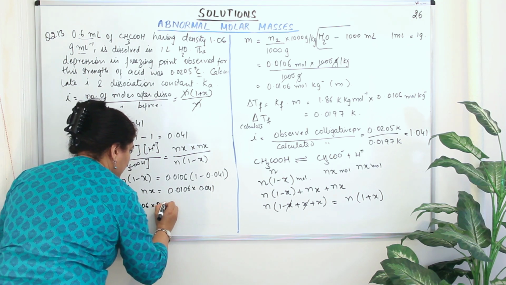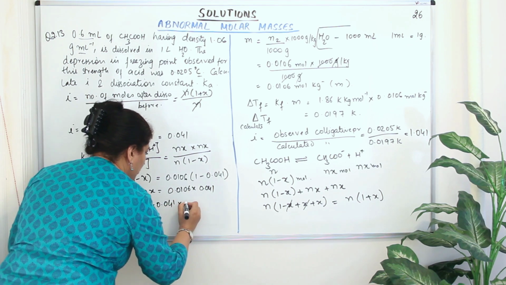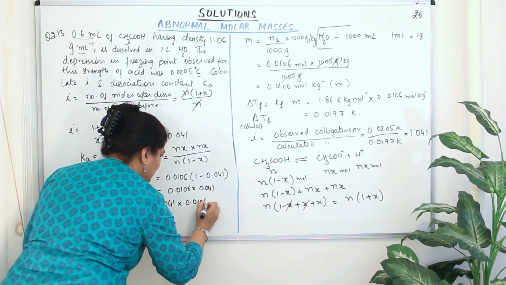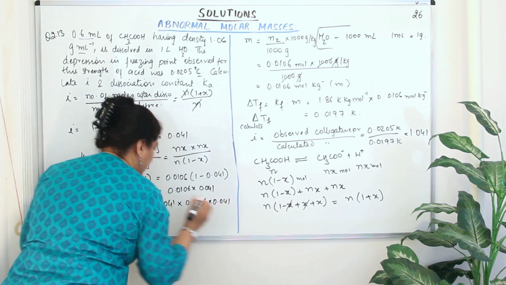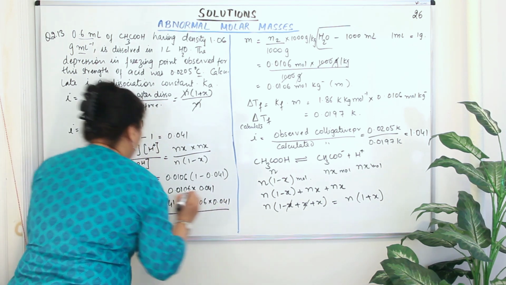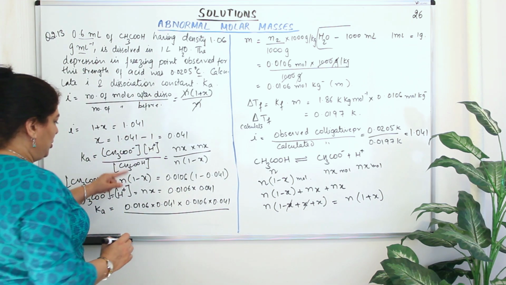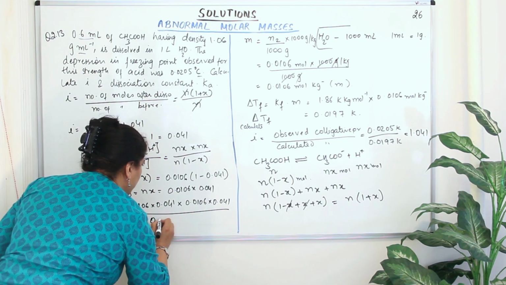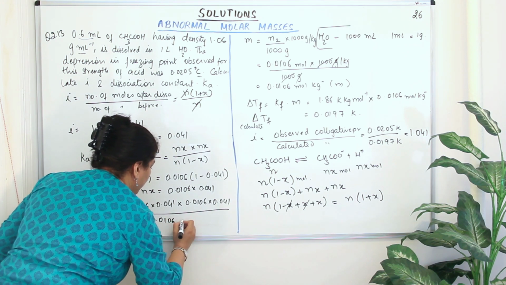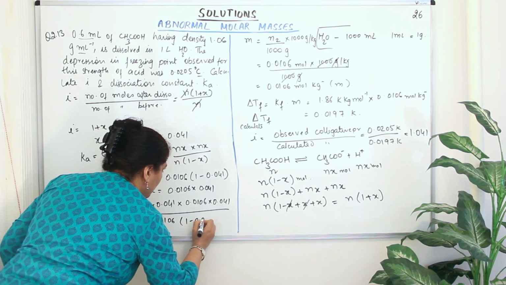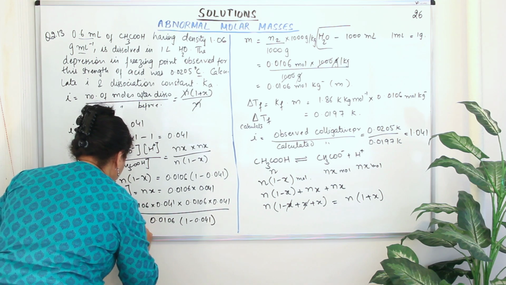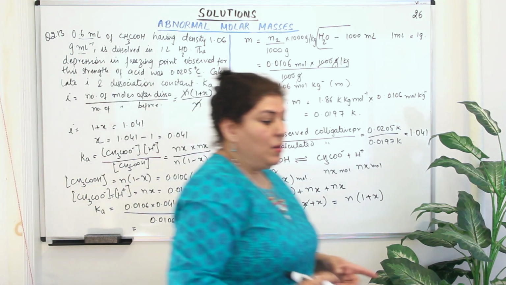So when you put these values in Ka, Ka would be equal to 0.0106 into 0.041 into 0.0106 into 0.041, that is the concentrations of both CH3COO negative and H positive, divided by 0.0106 into 1 minus 0.041. And when you calculate all of this, what do you get?